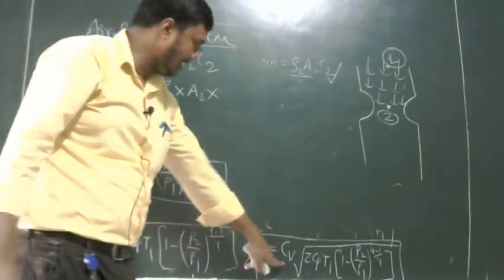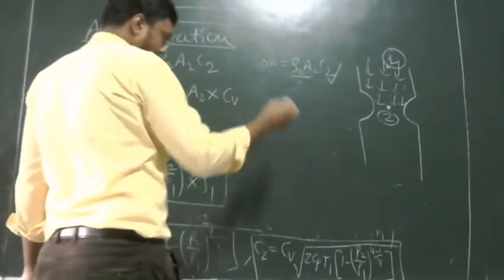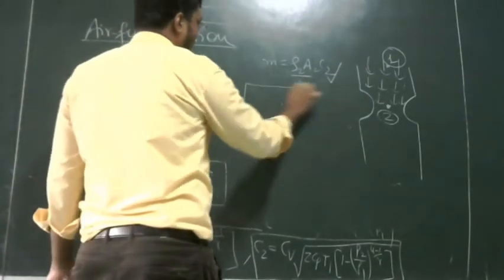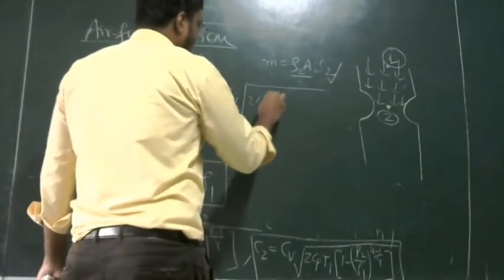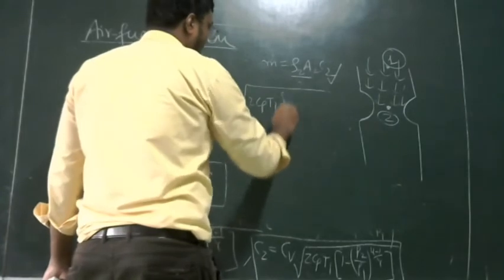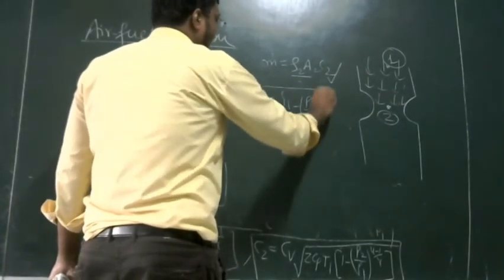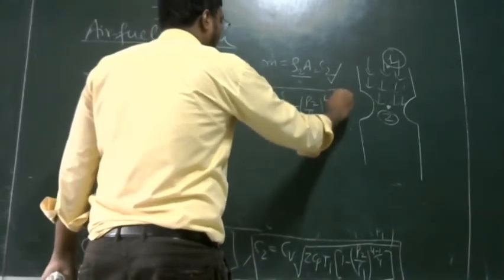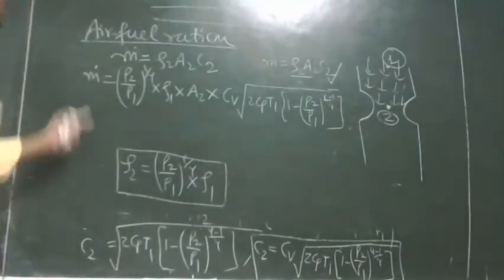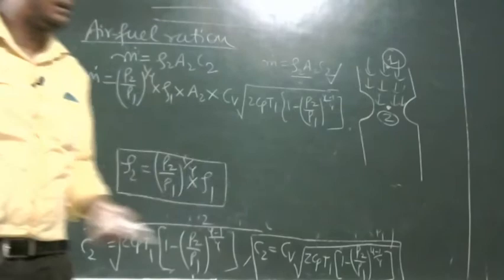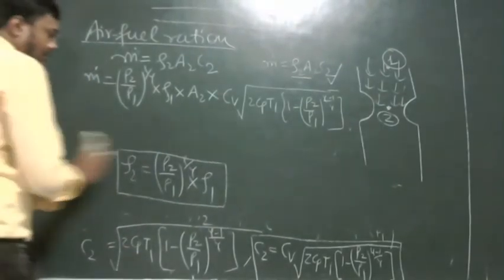C2 is equal to CV into under root 2CPT1 within bracket 1 minus P2 by P1 to the power gamma minus 1 by gamma. So this will be the value of mass flow rate of air for isentropic and compressible fluid.